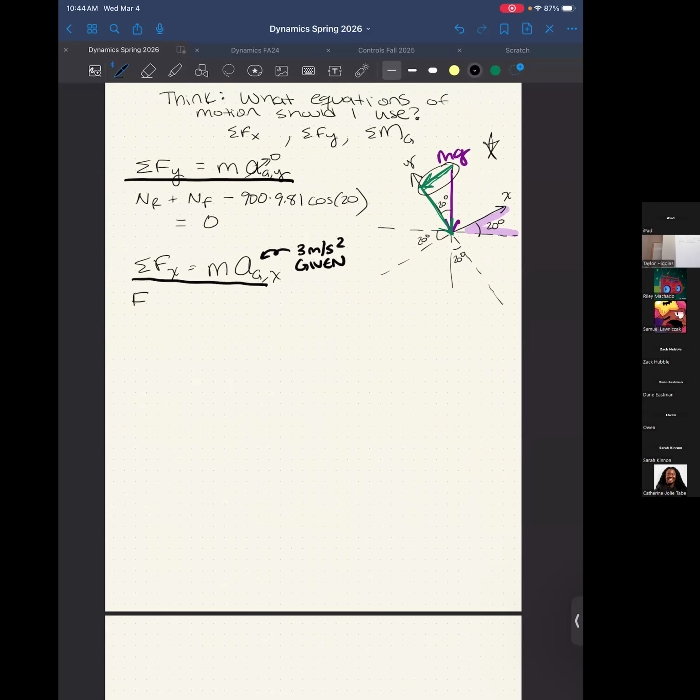So minus mg sine 20 equals m times acceleration. Ooh, how many unknowns do I have here? One. One equation, one unknown. I can solve for F.